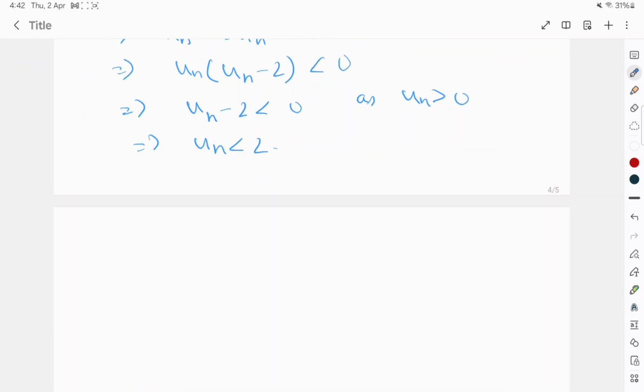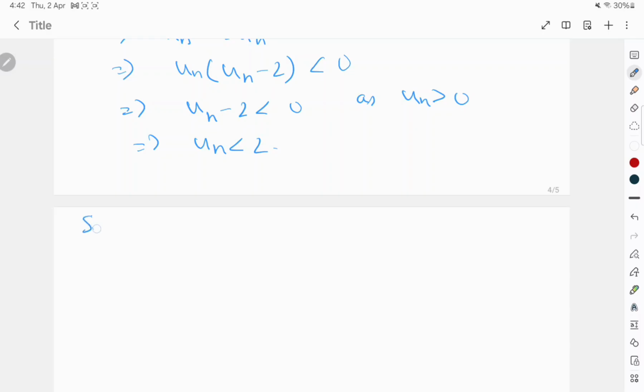You have already discussed the monotone convergence theorem: if you have a monotonically increasing sequence that is bounded above by some number, then it is convergent, and convergent to the least upper bound. Sorry, this is bounded above, not below.